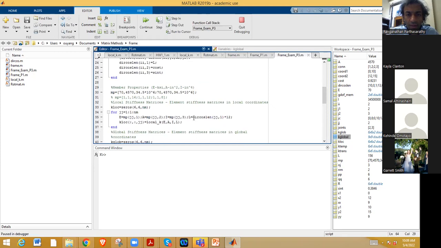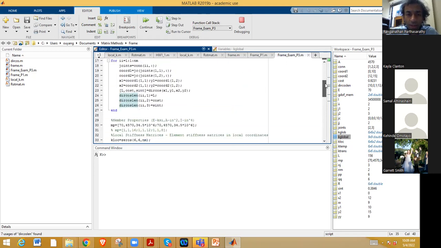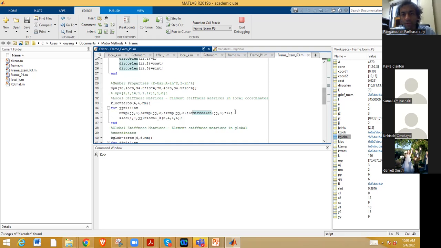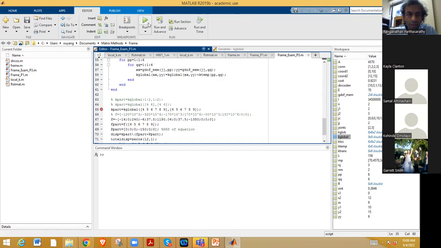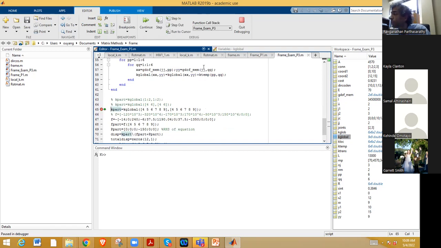The length right now, we got it from the coordinates were in meters. So the length we need in millimeters. So we need to multiply by 1000. So let's run again up to partition. Should be okay.